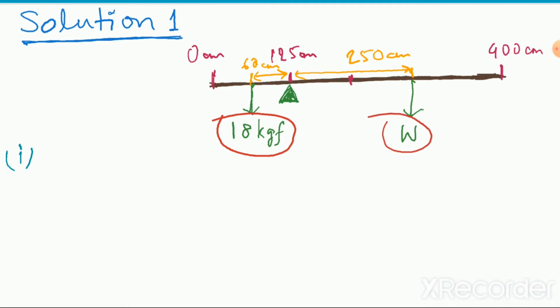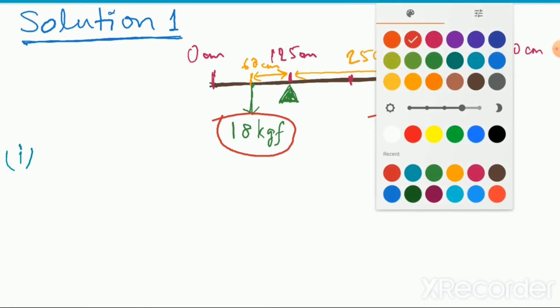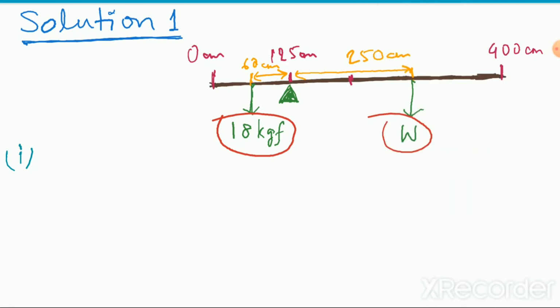So what will be the total clockwise moment? Total clockwise moment is equal to W into 250. Don't subtract, because it has already been said that W is at a distance of 250 centimeter from the support.